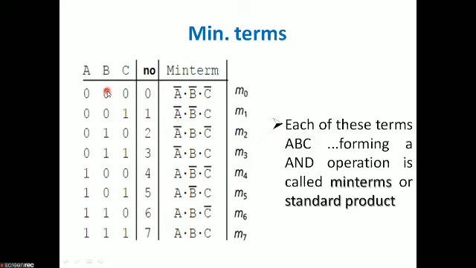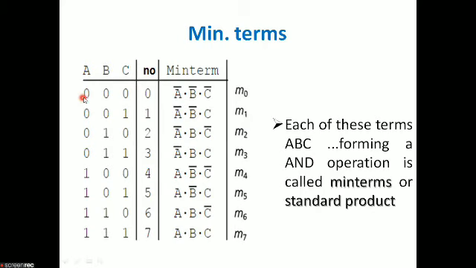Each of these terms, A, B, C, formed by an AND operation, is called a min term or a standard product. Here these are the names of the min terms, starting from M0 and ending at M7.